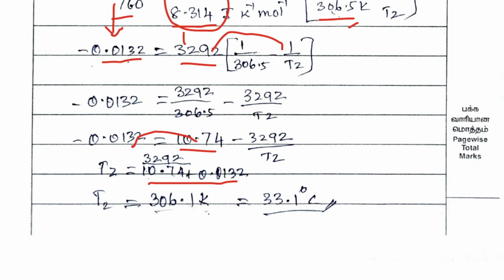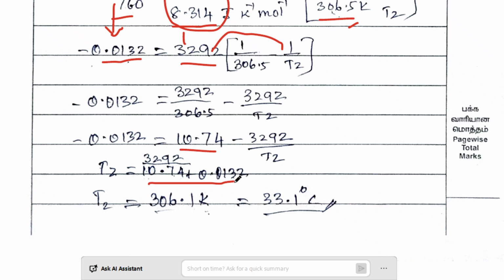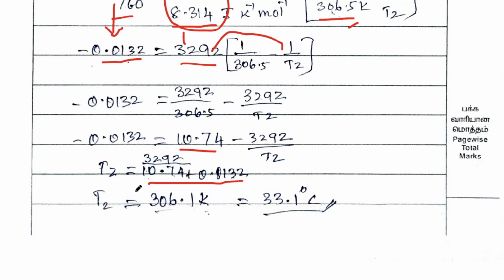T2 is then 3292 divided by 10.74 plus 0.0132, which is 10.7532. Dividing 3292 by 10.7532, you will get 306.1 Kelvin.